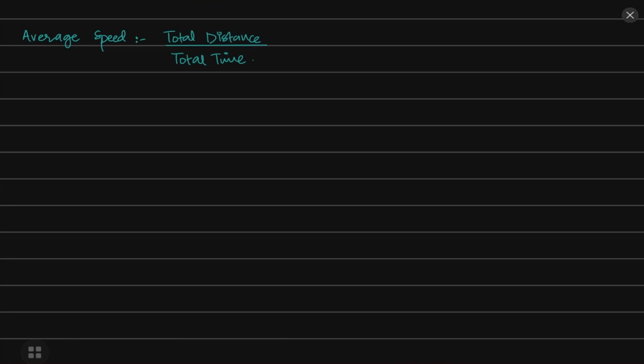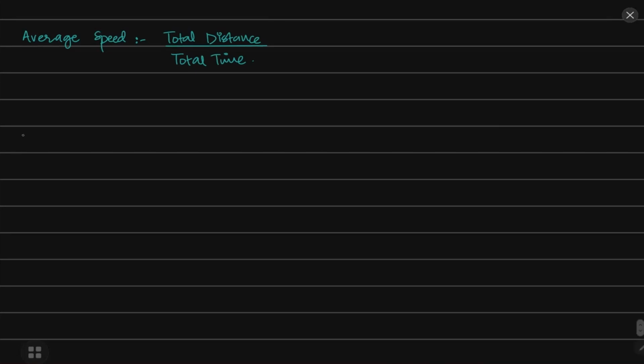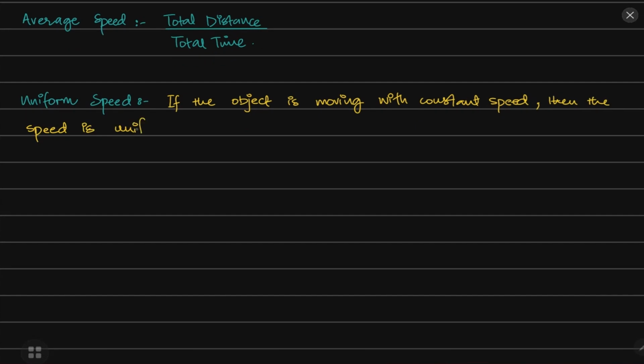Then my speed would be categorized as uniform speed. Why? Because my speed is not changing at all, right? So if the object is moving with a constant speed, then the speed is uniform. There you go.